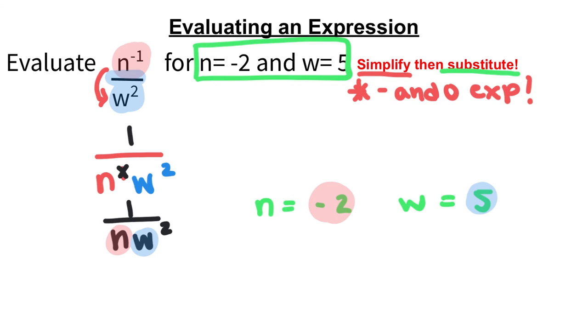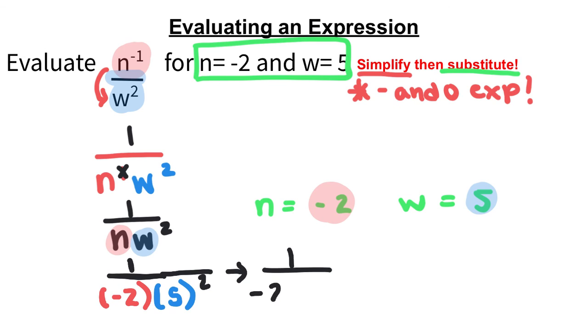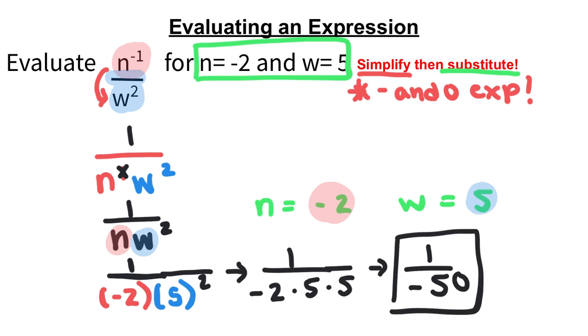So it becomes 1 over negative 2, and then I have a 5, and it's raised to the second power. If I rewrite this, it becomes 1 over negative 2 times 5 times 5, which becomes 1 over negative 50 as my final answer.